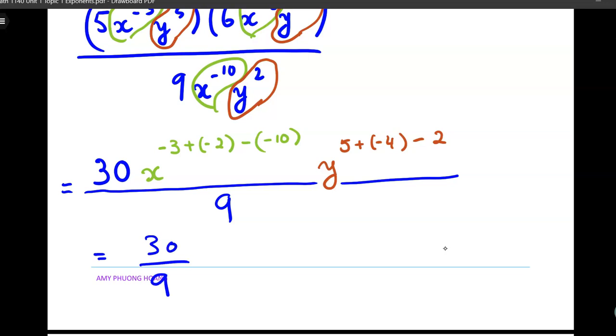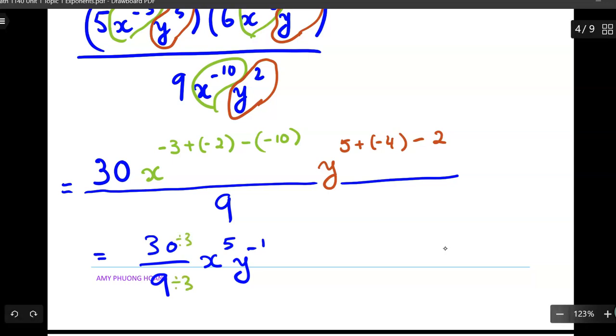And multiply this with the answer that we have, x raised to the exponent 5, y to the negative 1. But the 30 over 9, you need to simplify it, okay? So you can simplify this by dividing this by 3, and you also divide this by 3.